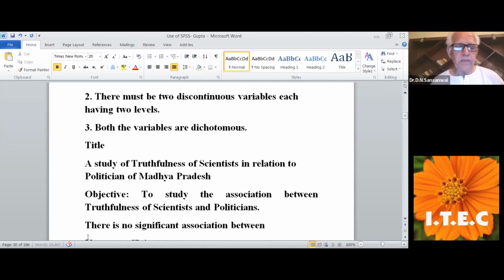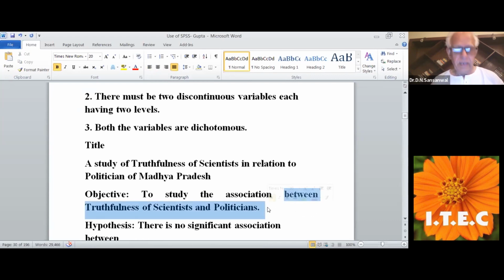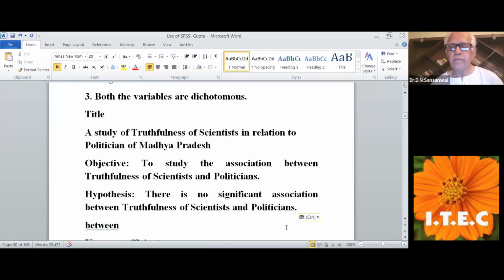And the hypothesis is that there is no significant association between truthfulness of scientists and politicians.